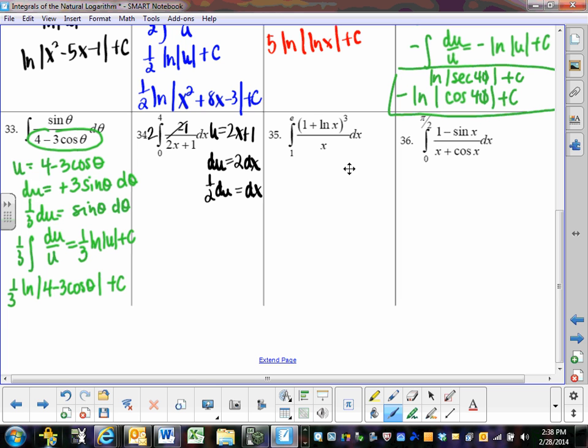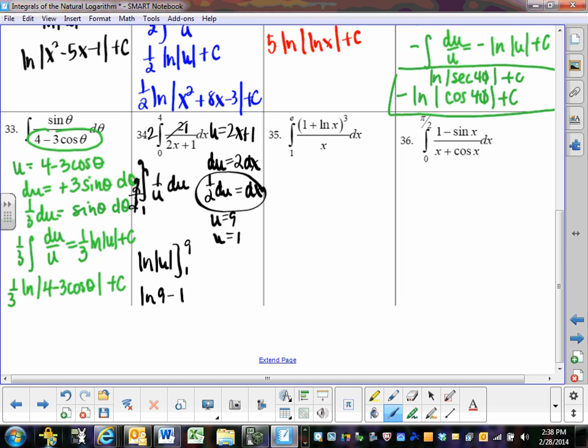So I have negative du over u, which is negative natural log absolute value of u plus c. So negative natural log absolute value of cosine 4 phi plus c, which remember we said was actually equivalent to natural log absolute value of secant 4 phi plus c.